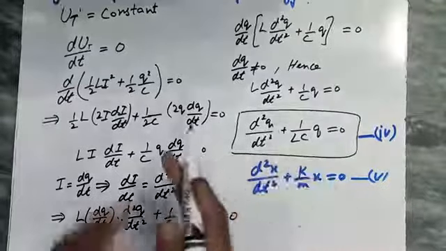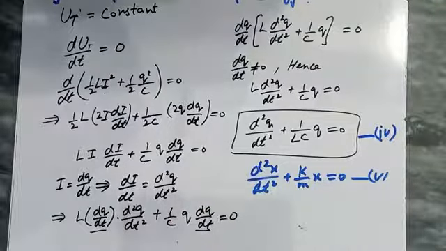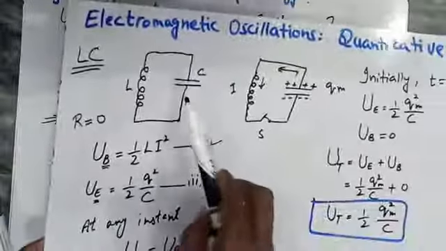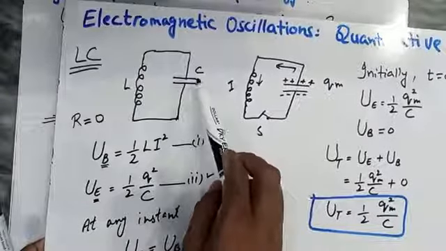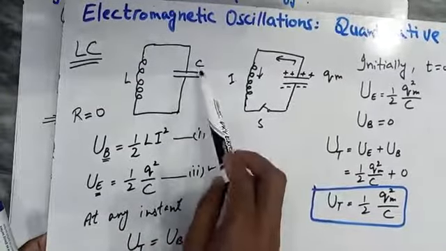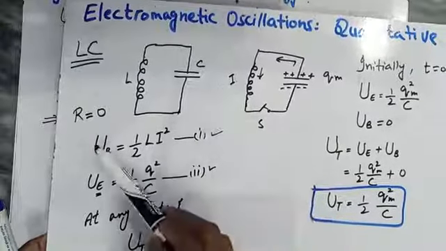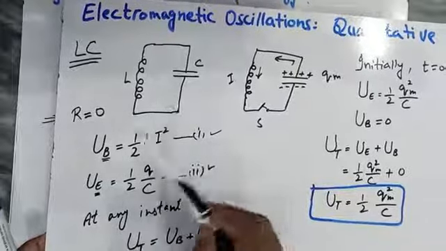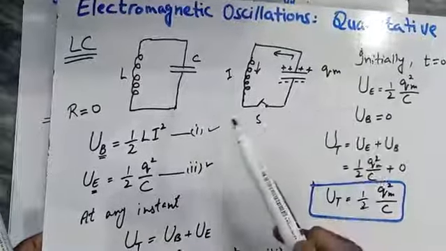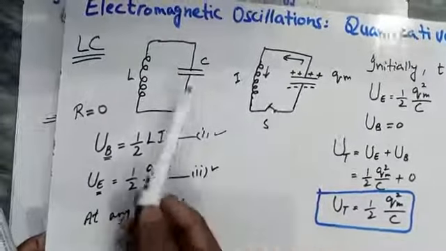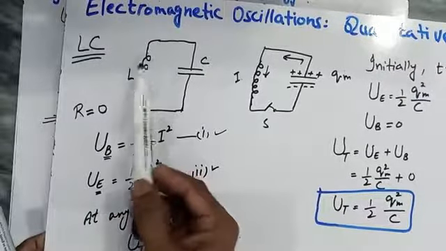In LC circuit, electric and magnetic energies oscillate. In capacitor, energy is stored in electric field that we name as electric energy, and in magnetic field in inductor stored energy can be said as magnetic energy. So energy oscillates between electric and magnetic field.